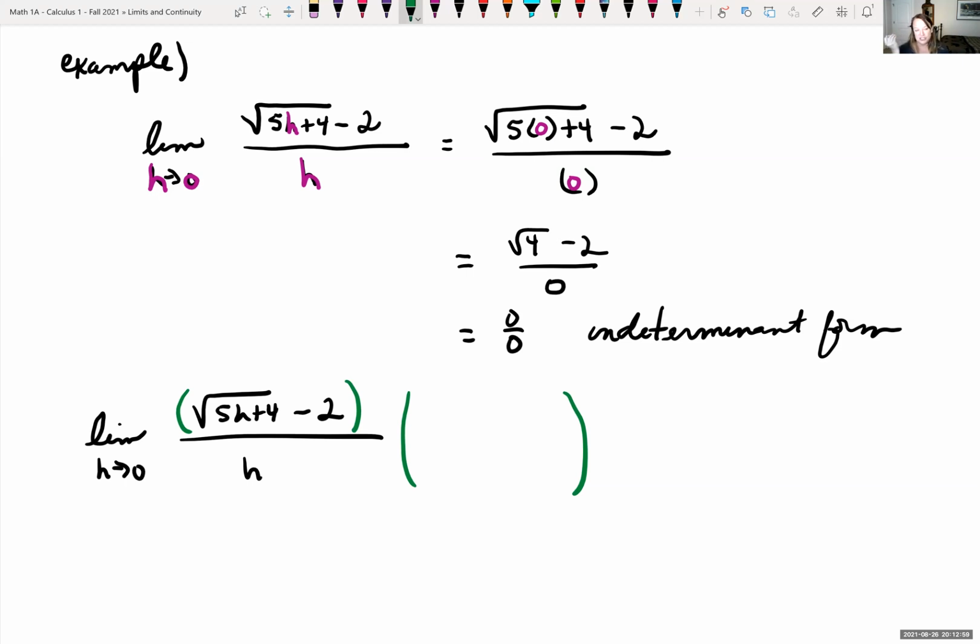So we're just changing the sign between that radical and that 2. The conjugate in this case is the square root of 5h plus 4, change the sign in between, so my plus in between, and then 2. Just multiplying by a fancy 1.